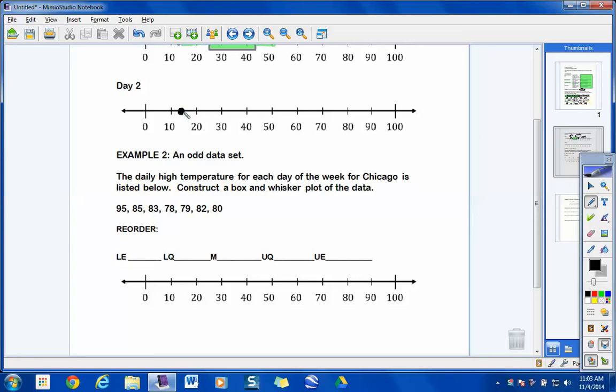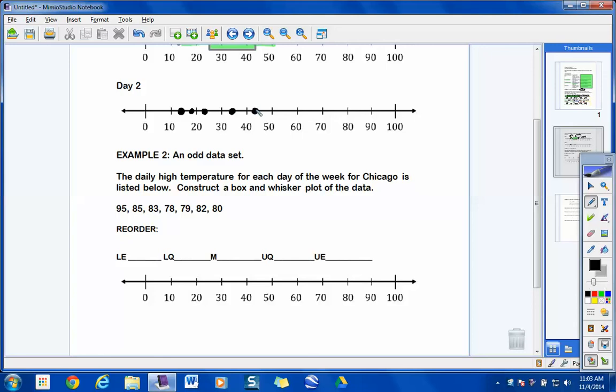What was lower quartile? 18, so 18's right, ooh, that's kind of a short whisker, isn't it? 18, all right, how about the median? 23.5. 23.5, what's the next one? Upper quartile, how much? 34. Upper quartile is 34, so right about here, between 30 and 40. And what's the upper extreme? 42. 42.